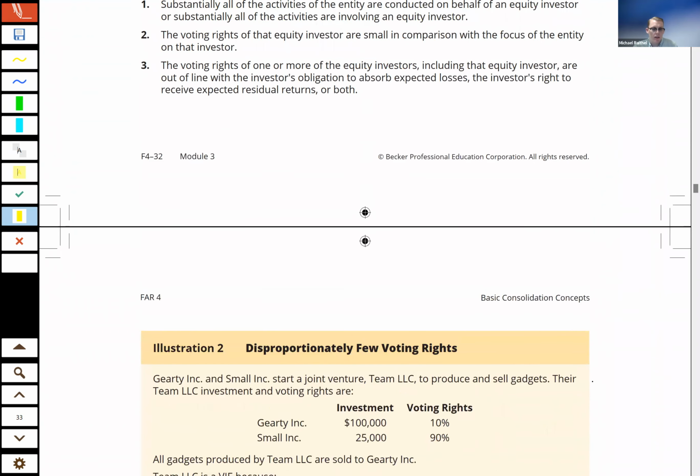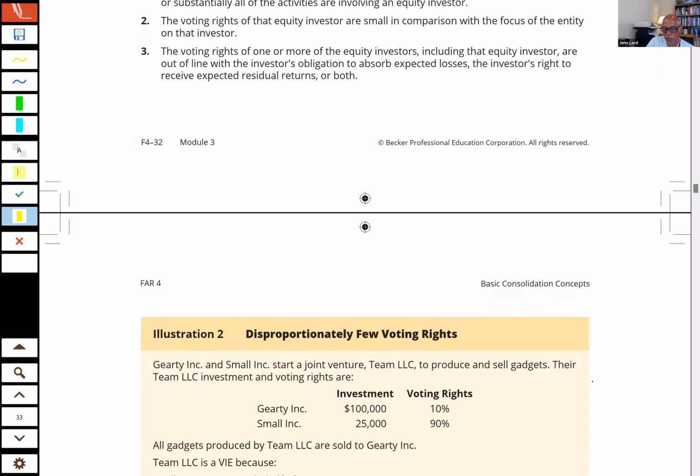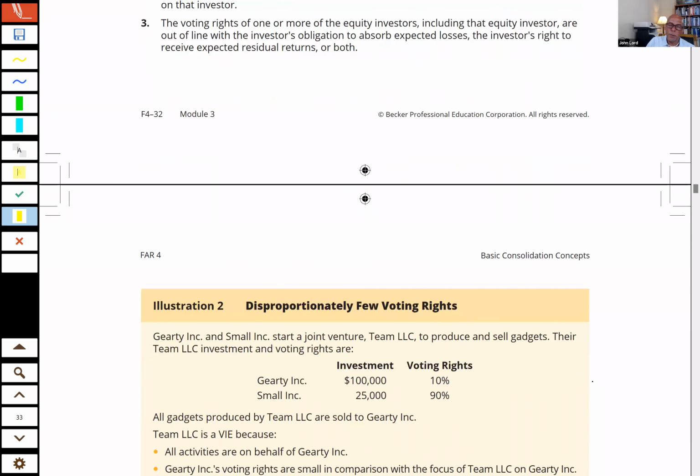Just wanted to confirm that. Well, the question would have to tell you that if they acquire amounts over the book value, it's attributable to a depreciable asset for you to have to do that. And they'd have to essentially give you the life of the depreciable asset to calculate the reduction of the investment income.